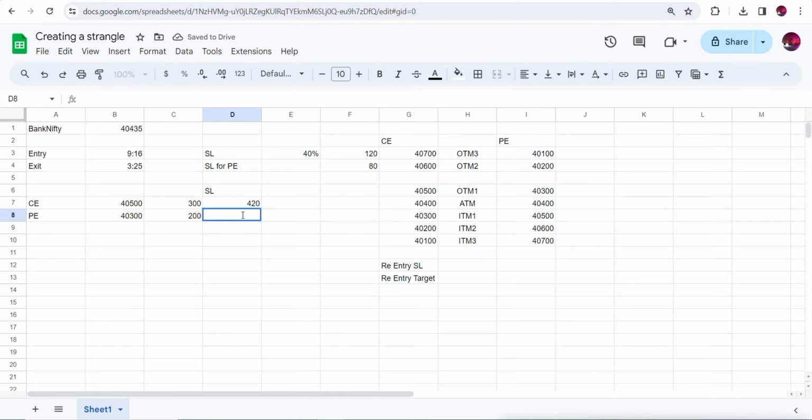So our stop loss is 280, meaning at 280 price. If the price moves from 200, it was sold at 200, if the price goes to 280, it will exit the PE leg. And from 300, as we sold the call option for 300 rupees, if it moves 120 points, meaning at 420 it will exit that call leg. So this is the stop loss.